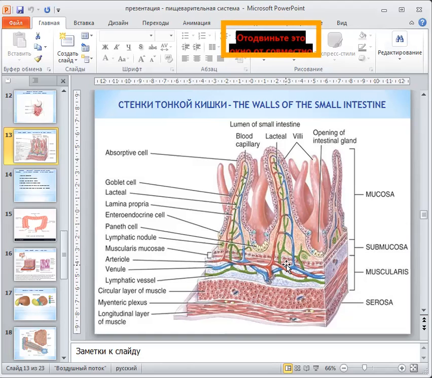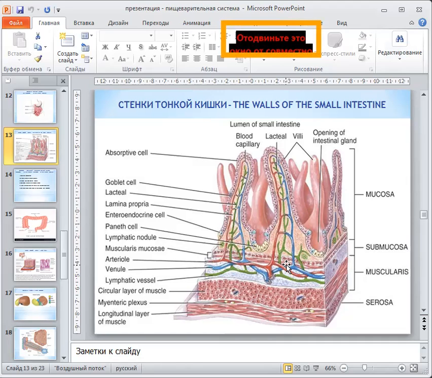Fifth structure, single lymphatic follicles and set of lymphatic follicles. Total number of lymphatic follicles is from 20 to 30. Follicles function, rendering harmless of harmful substances and microorganisms, intracellular digestion.